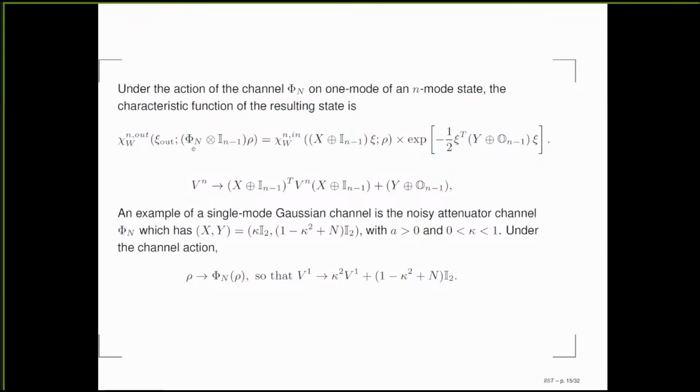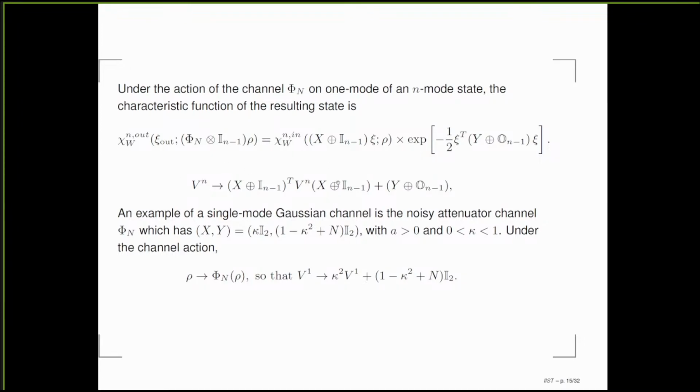You carry out the one-sided action discussed in the first few slides. In the variance matrix, the X acts only on the first mode, for instance, and the Y just adds noise to the first mode. So if you have a noisy channel acting on one mode of an n-mode Gaussian state, then its characteristic function and variance matrix undergo this transformation.